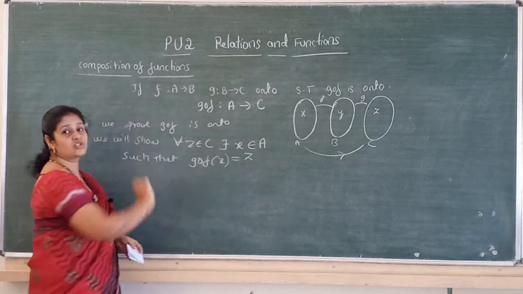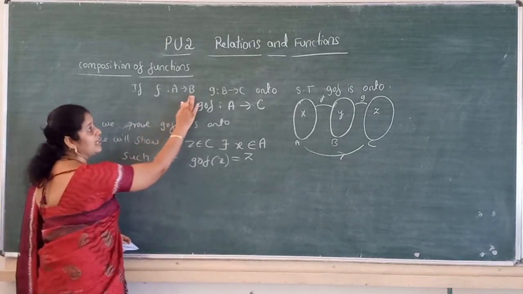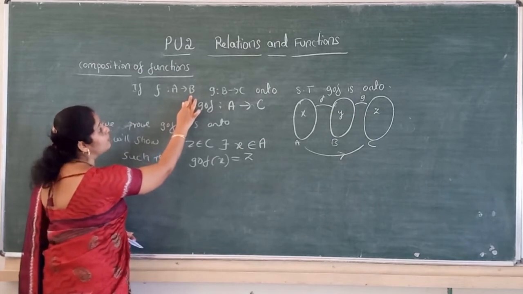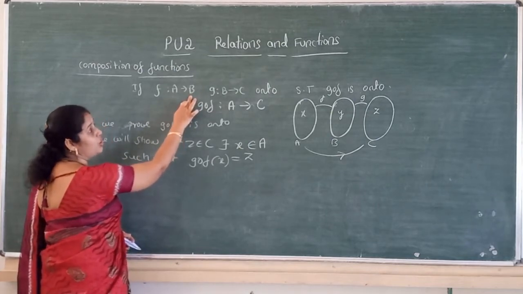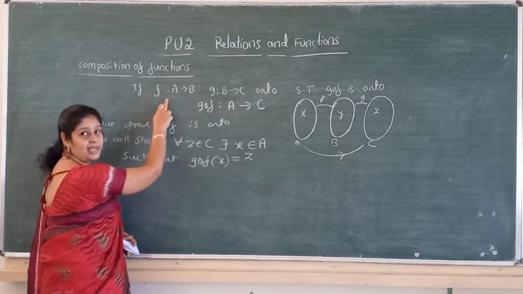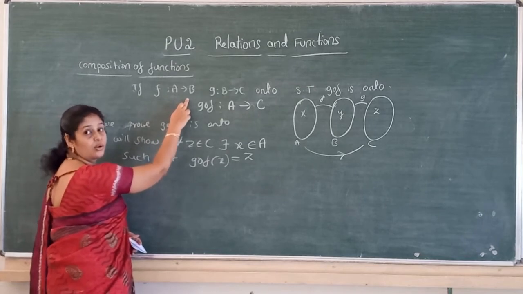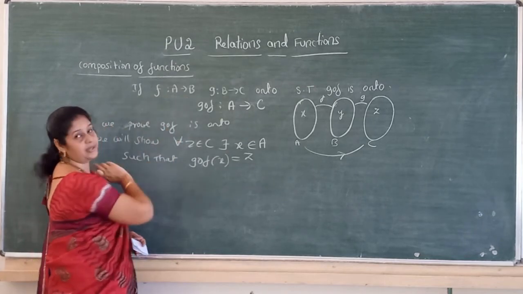So what is the meaning of f is onto? F is onto means for every y belongs to B, there exists some x belongs to A such that f of x is equal to y.